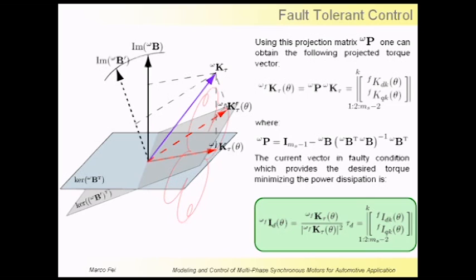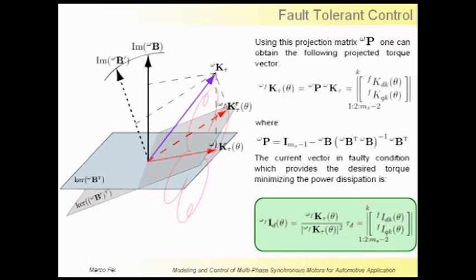The forbidden subspace is time variant, so the torque vector is also dependent on the electric angle of the motor, and it describes a periodic trajectory on the subspace, so it's quite complex to control this system.